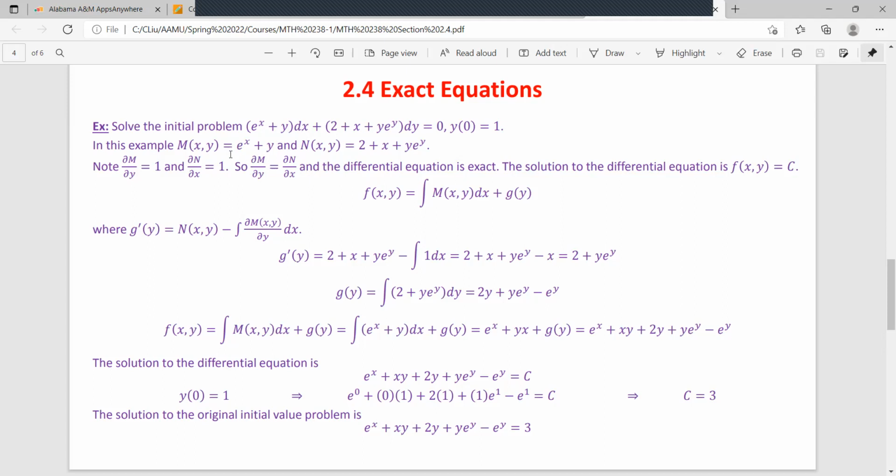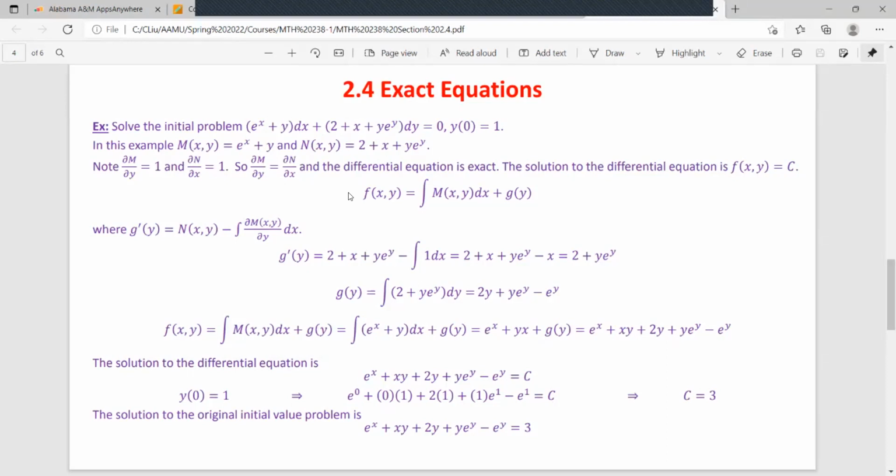So if you take the partial derivative of M with respect to y, you treat the x as constant. So you're going to get a 1. Similarly, when you take the partial derivative of N with respect to x, you treat y as constant. So then you only take the derivative of x, you get 1 also. So you can see they are the same. So this criterion is satisfied, and we can conclude that the differential equation is exact.